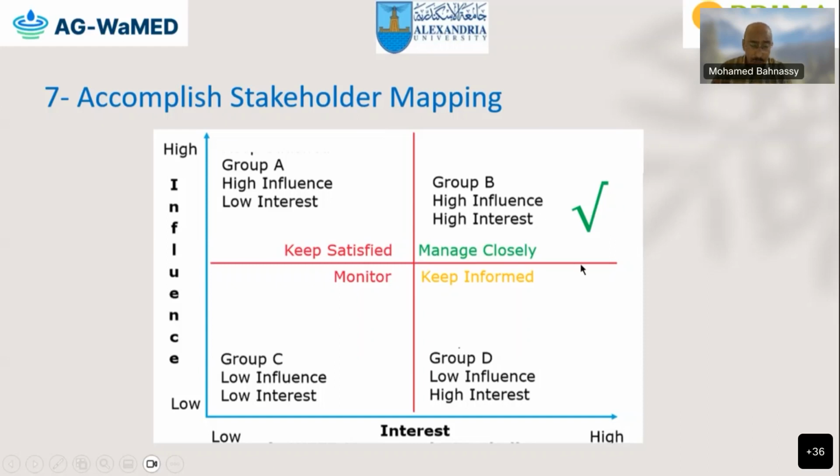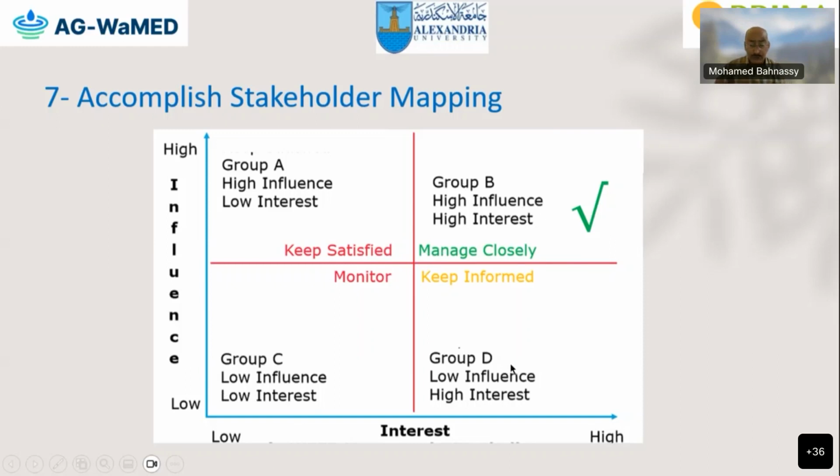And this is the most important group of stakeholders that will affect the living lab. The third group has low influence and low interest. And for this one, we should keep monitoring this type of stakeholders.